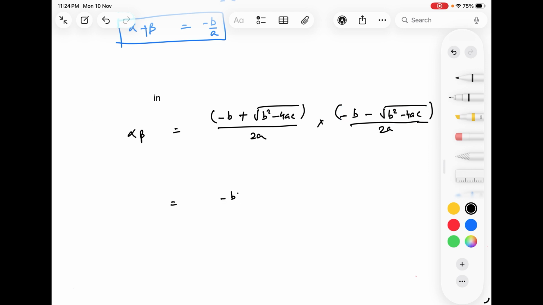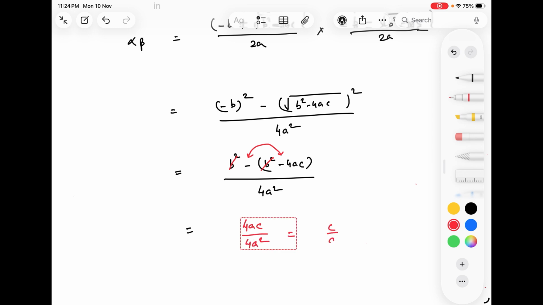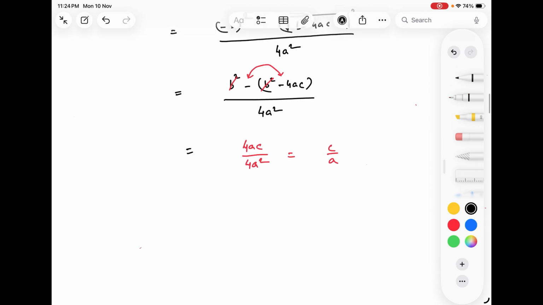So, it becomes minus b whole square minus root of b square minus 4ac whole square over 2a times 2a, which is 4a square. Simplifying the numerator, we get b square minus b square minus 4ac over 4a square. So, when I open it, b square and minus b square cancel out, we are left with 4ac, because this minus minus becomes plus, over 4a square, and simplified further I get c upon a, because 4a and 4a cancel out. Therefore, we can say that the product of the roots is c by a.